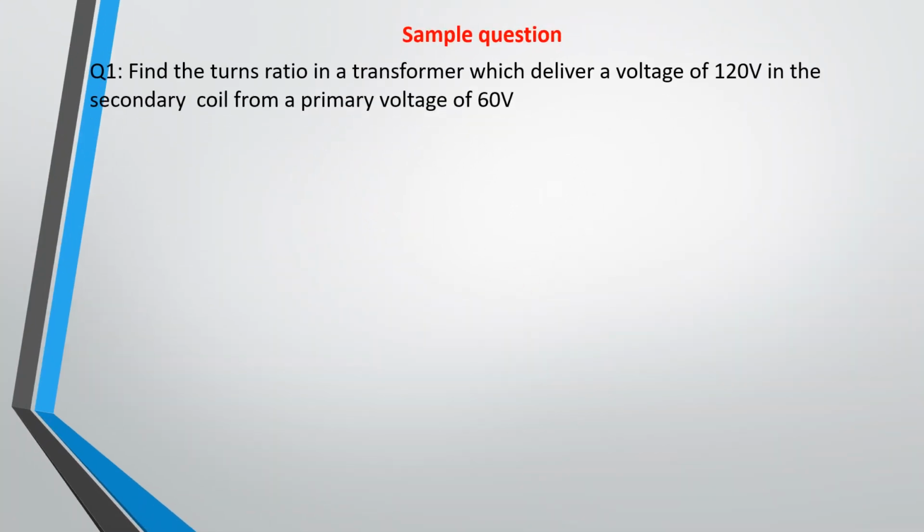This is a JAMB question. Find the turns ratio in a transformer which delivers a voltage of 120 volts in the secondary coil from a primary voltage of 60 volts.